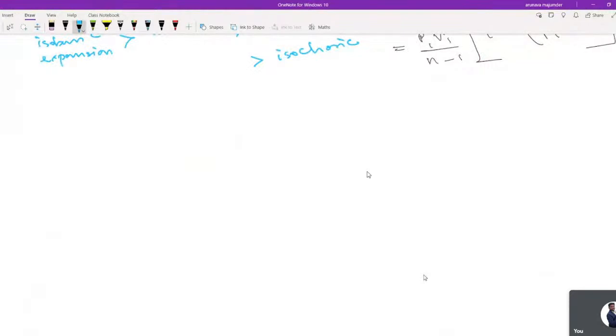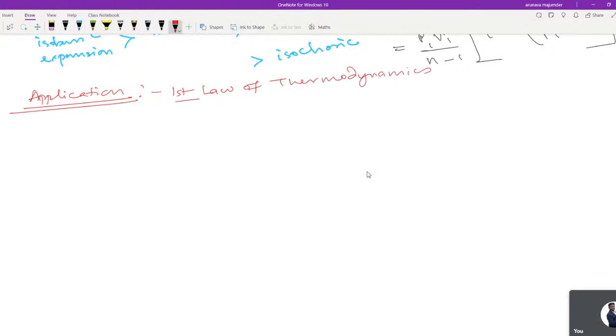Now, the first law we have discussed, and definitely you will get a question on the application of the first law of thermodynamics, from the steady flow energy equation.